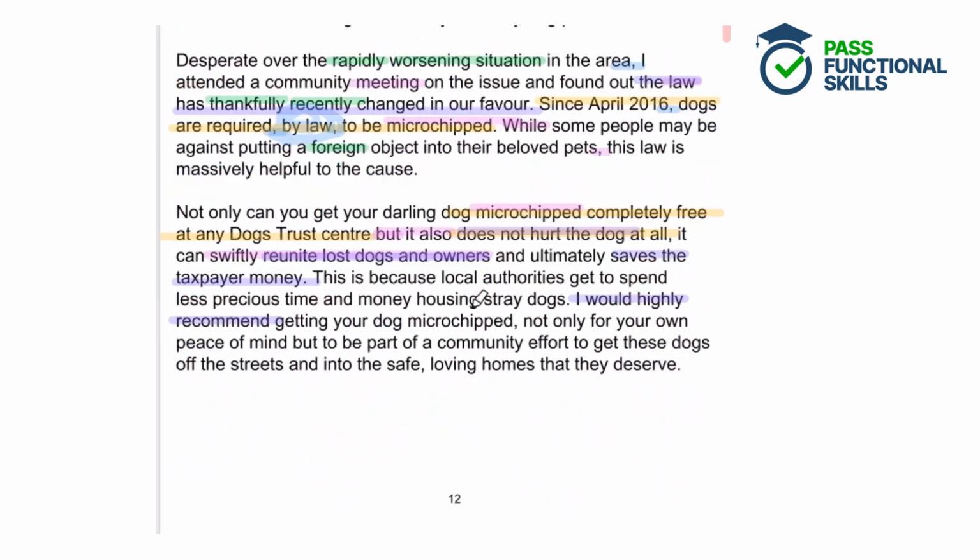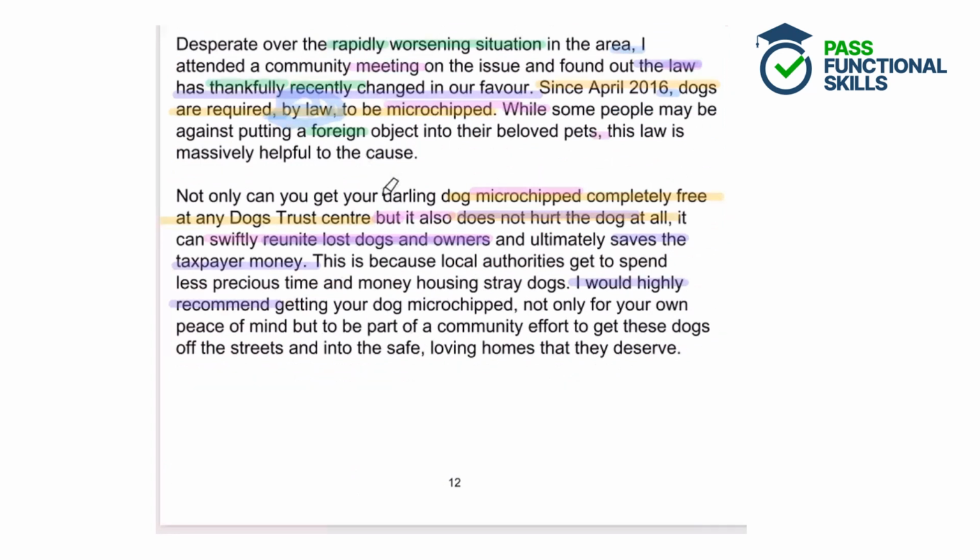We've then got in the final paragraph the alliteration of "darling dog" to try and persuade the reader that the writer really cares about your darling dog. So we've got that direct address to the reader being used there. So try to persuade the reader using a few different persuasive techniques.